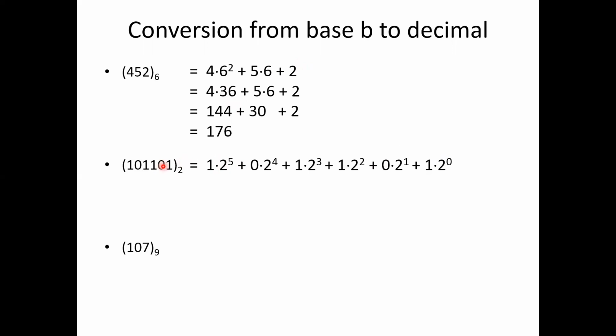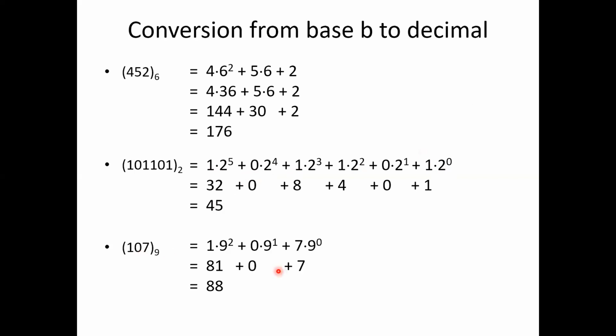My advice is to always write these terms, even though they're 0 and you could omit them, because unless you write the consecutive powers of 2, you might get confused as to whether you have skipped some powers. It's better to write it this way, then simplify and get the proper powers of 2, and sum them up. Or base 9.